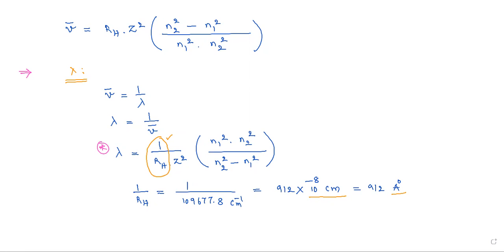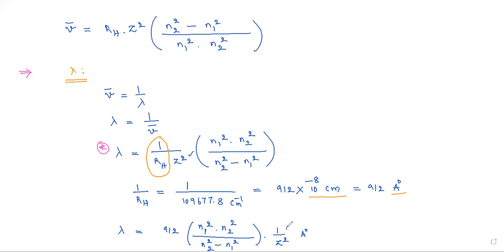Now, this is what you got. Let me give you a simplified formula for calculating the wavelength of the spectral line. Lambda can be written as 912 into N1 square into N2 square by N2 square minus N1 square into 1 by Z square angstroms.